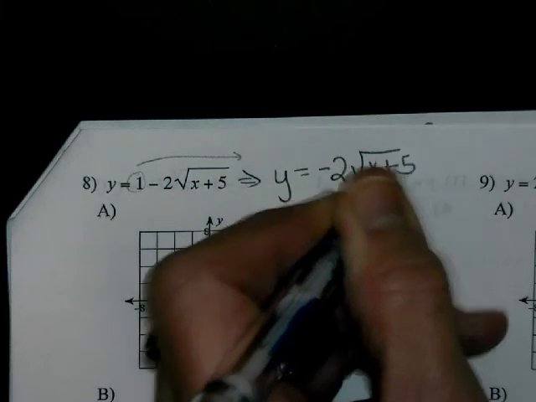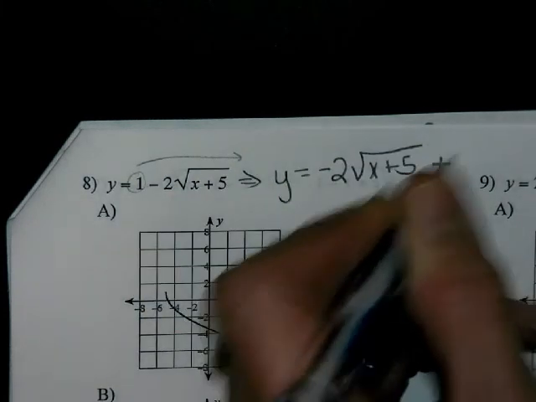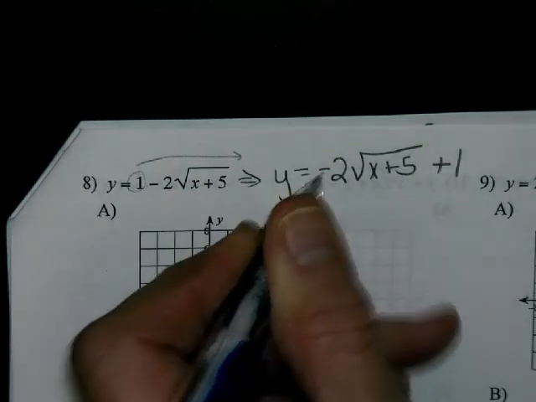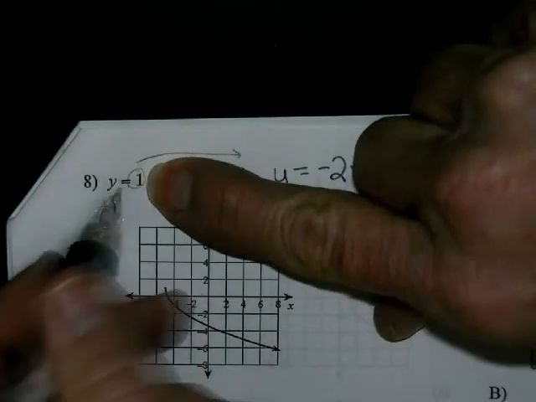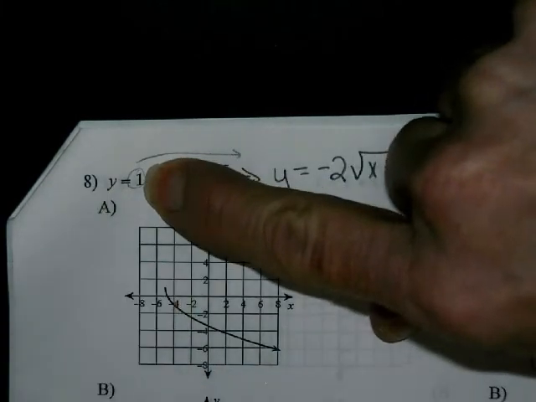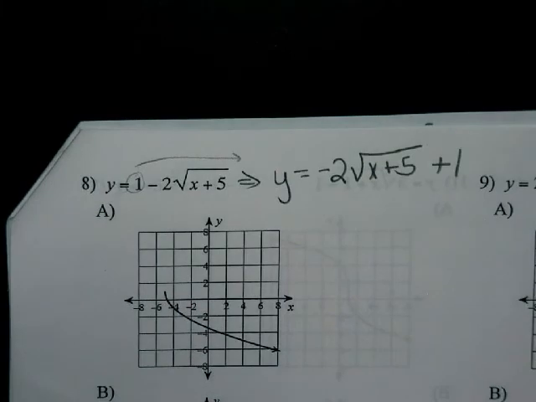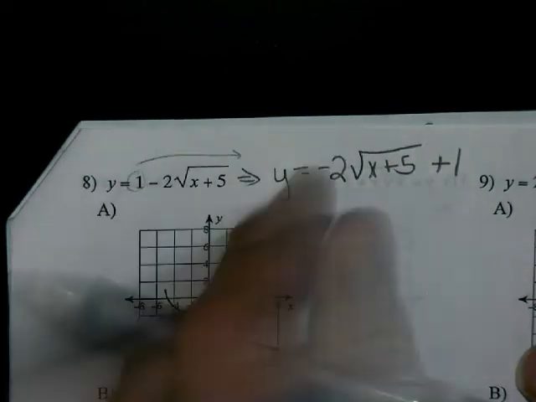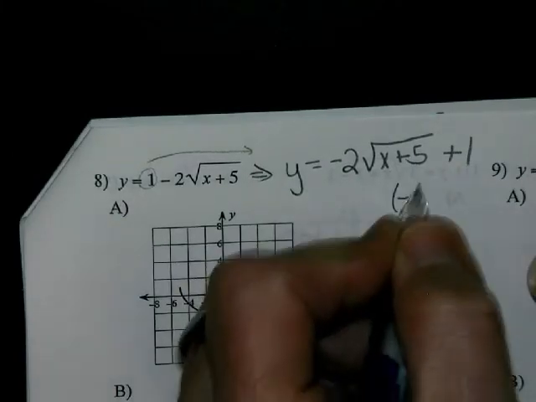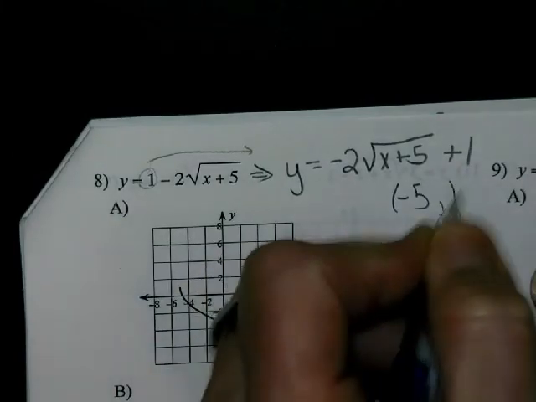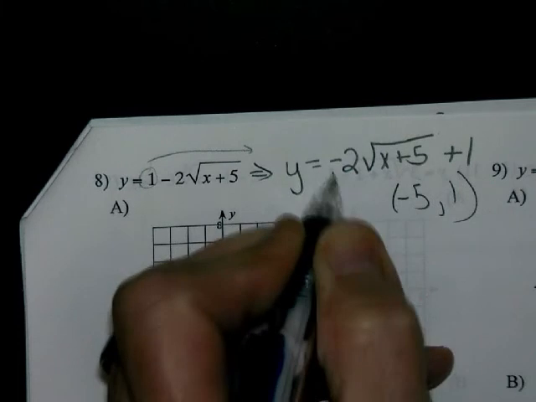So I can rewrite this function as y equals -2 square roots of x plus 5, and then plus 1, because the negative stays with the 2. The 1 is a positive. It's always the sign to the left of the number that goes with the number. So don't let that mess with you. No worries. Just realize that flexibility in the form.